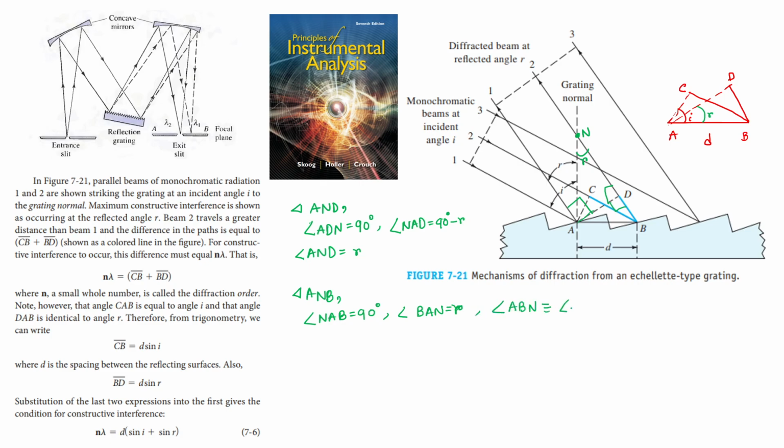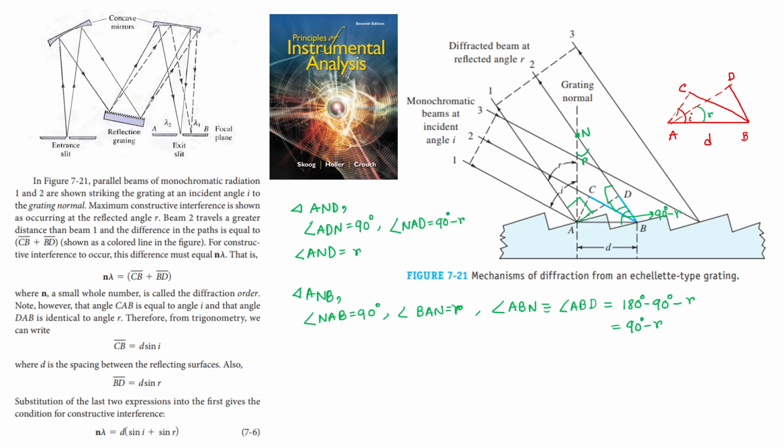ABN or angle ABD? Same, right? ABN or ABD is going to be 180 degree minus 90 degree minus R. So that is 90 degree minus R. So this whole angle is 90 degree minus R.